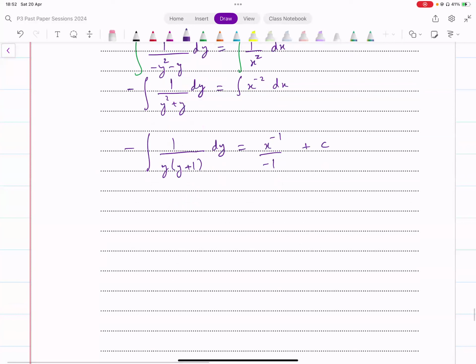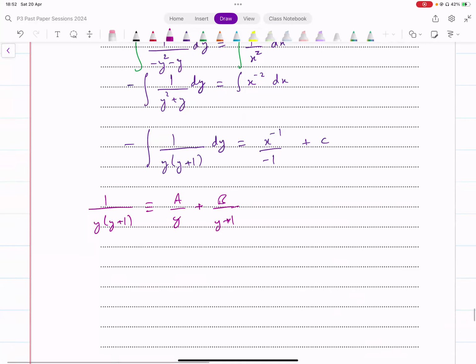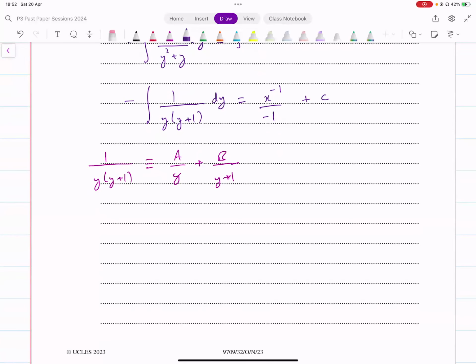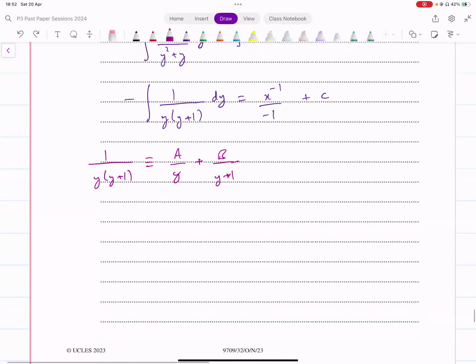So now let's stop this working here and find partial fractions for this first of all. So you have 1 over y into y plus 1. That can be written as a over y plus b over y plus 1. Okay, you can check all the other partial fractions rules. None of the other rules will work here. Now, how do you find partial fractions for this?